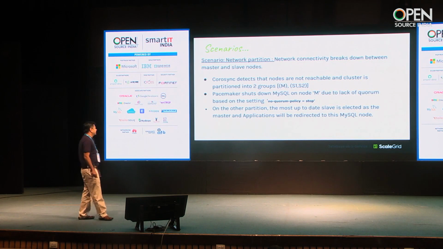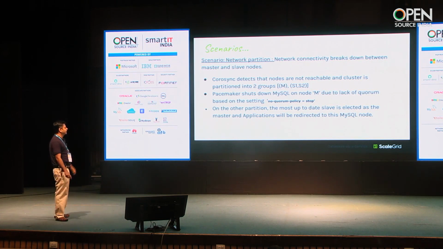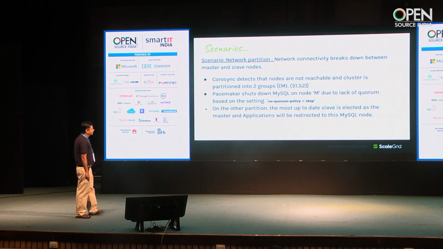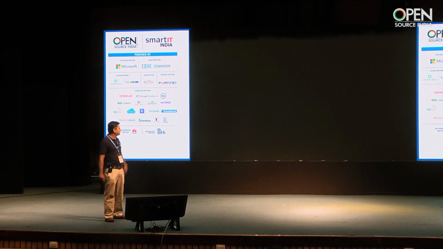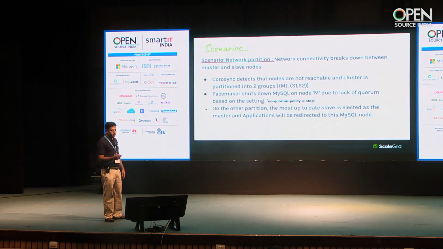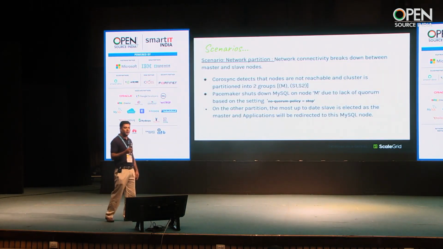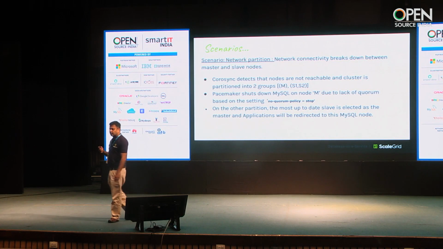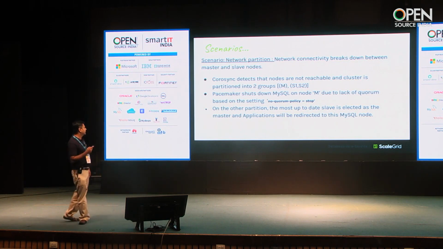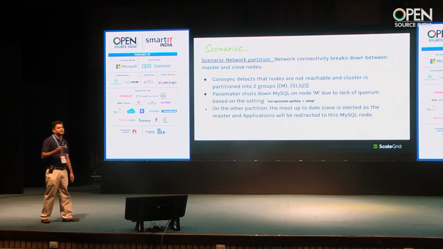And what is dangerous here? Split brain is a very dangerous scenario because the Pacemaker infrastructure running on the partition where the 2 slaves are running is going to detect that that partition doesn't have any masters at all, and it is going to promote one of the slaves as the new master.